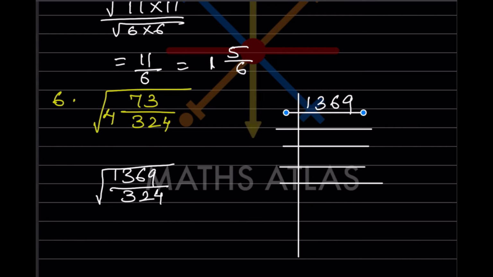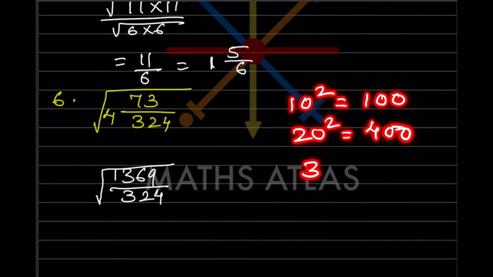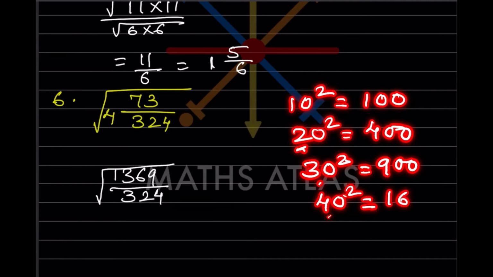For 1369, I'll show you the other method, because this is going to be a big number. Now see here, 10 square is 100. 20 square is going to be 400. 30 square, because 2 square is 4, so 30 square is going to be 900. And 40 square is going to be what? 4 4s are 16, that is going to be 1600.